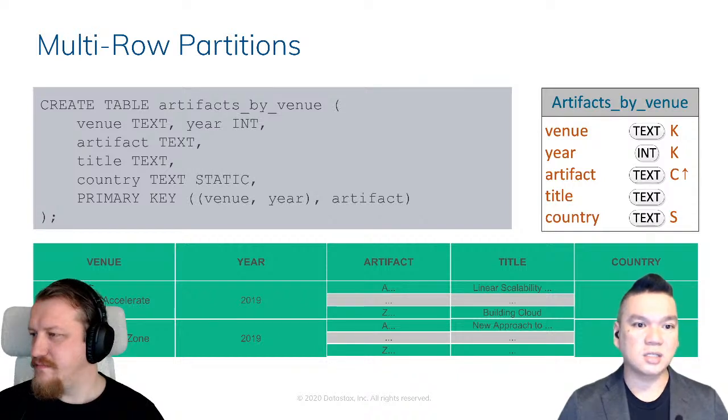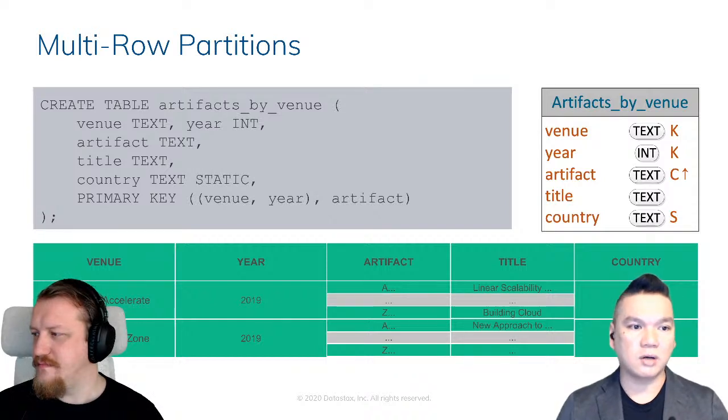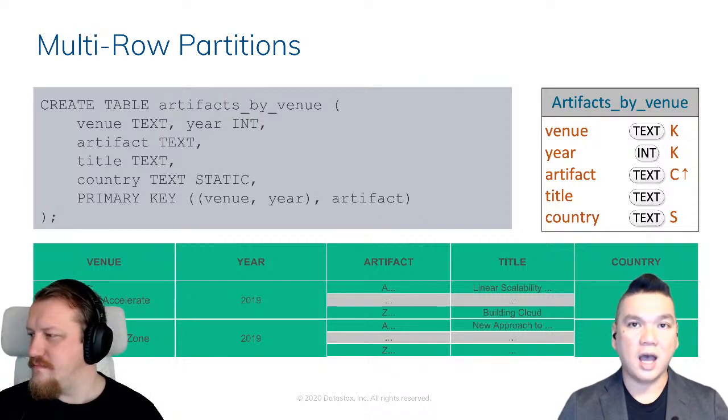But in Cassandra, tables are multidimensional. What does that mean? Here's an example where you've got one record which is Accelerate with the year 2019, but it has multiple artifacts in it. So each artifact within that same partition, within that record, has different rows, which makes it multidimensional.